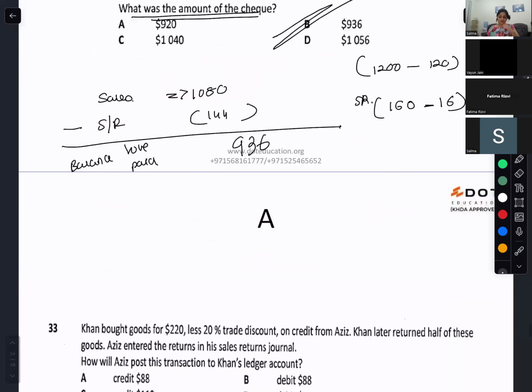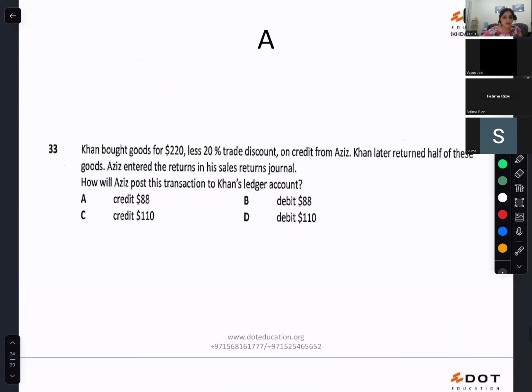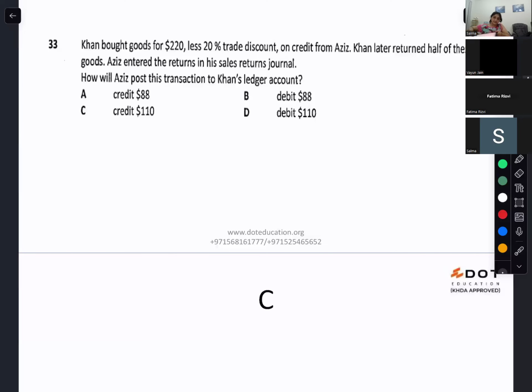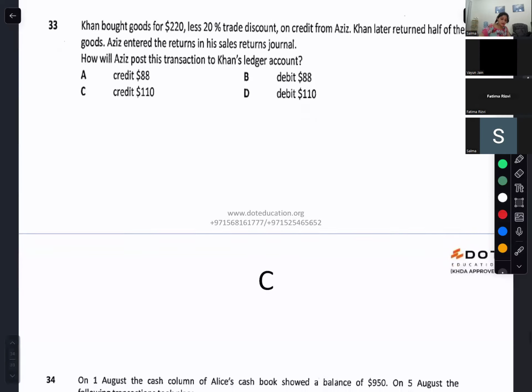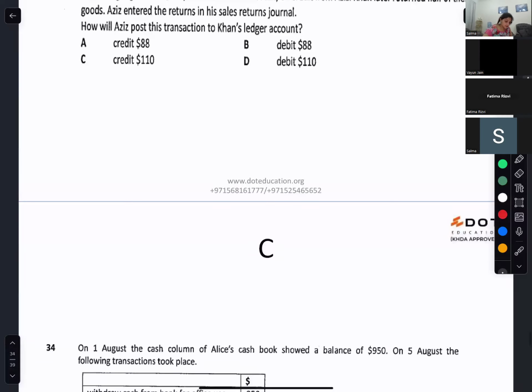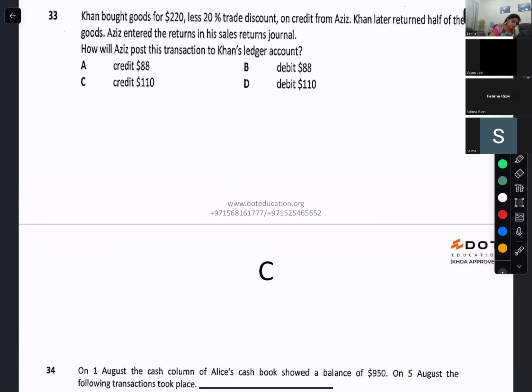Giving you time for 33 to 38, 5 more questions. Fatima, start 33rd. Khan bought goods for 220 less 20% trade discount on credit, and later returned half of the goods. He purchased, which is debit.